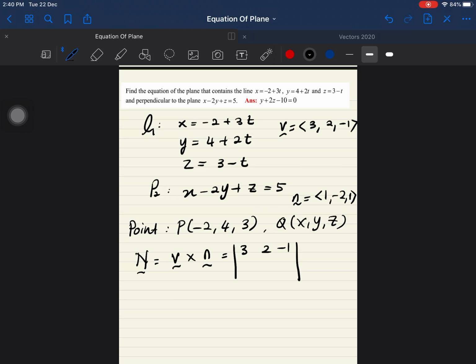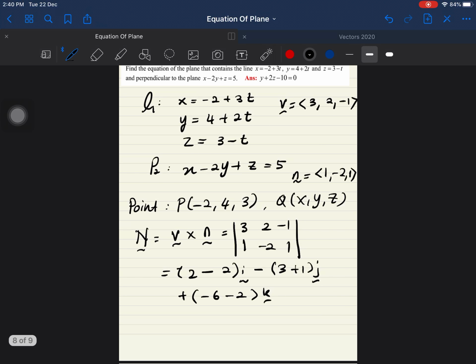Okay, so that you will have, so V (3, 2, negatif 1), n (1, negatif 2, 1). So this one is equals to, so 2 tolak 2 i tolak, so what is your j? 3 tambah 1 j plus, what is your k?